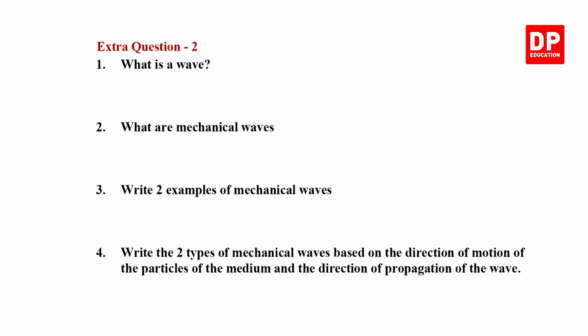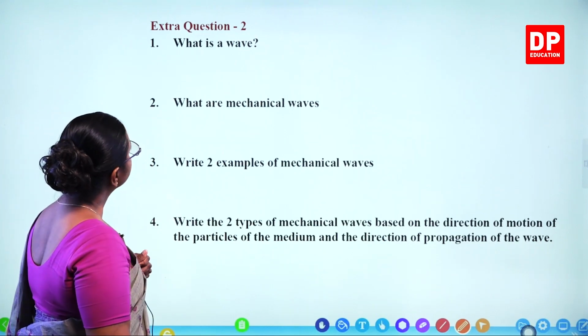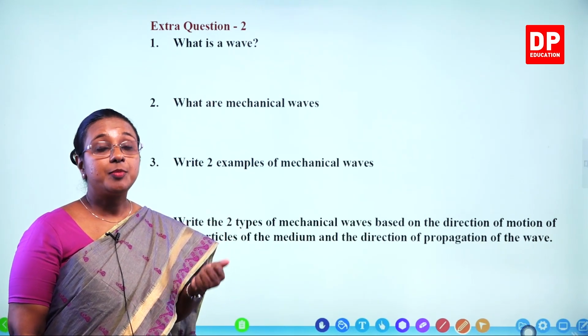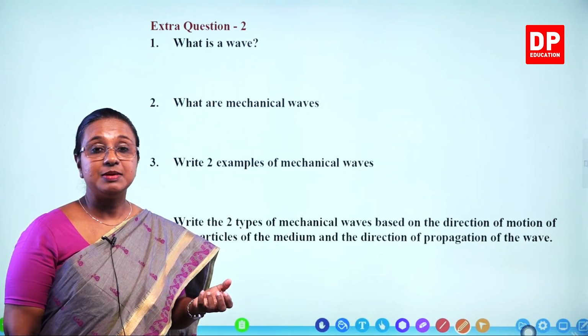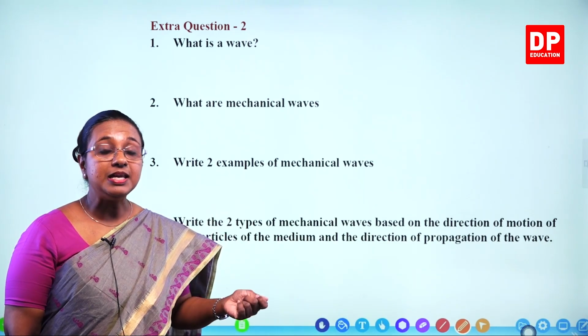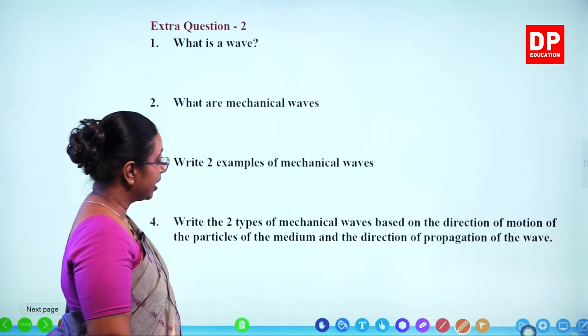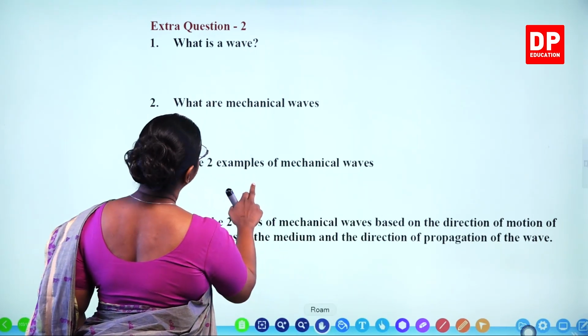Extra question 2. What is a wave? The propagation of a disturbance through a medium or space is known as a wave. That is what you have to write here.